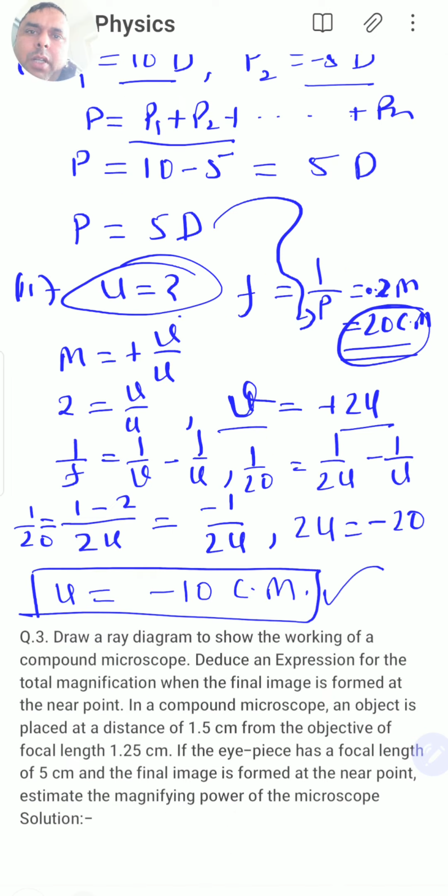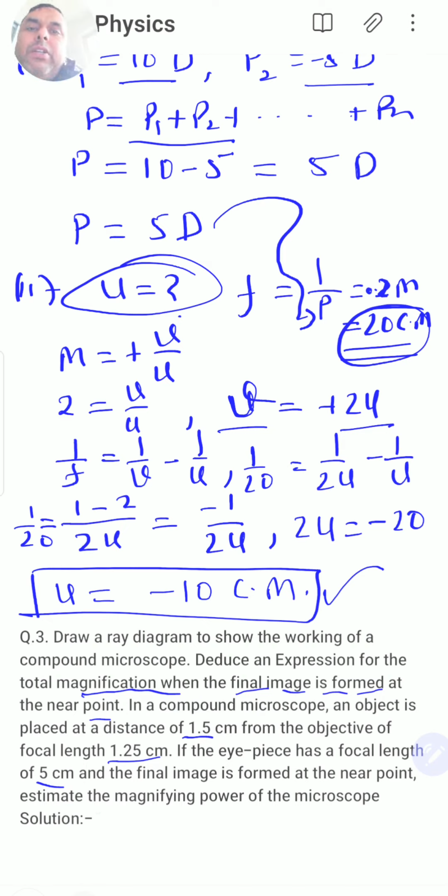Now our third question is: draw the ray diagram to show the working of a compound microscope and deduce an expression for the magnification when the final image is formed at the near point. In a compound microscope, an object is placed at a distance of 1.5 centimeter from the objective, whose focal length is 1.25 centimeter. If the eyepiece has a focal length of 5 centimeter and the final image is formed at the near point, estimate the magnifying power of the microscope.